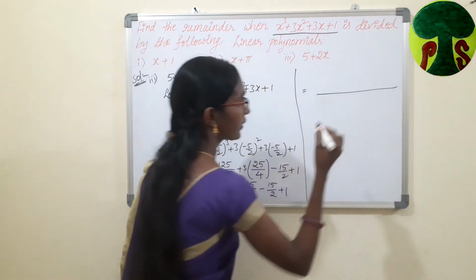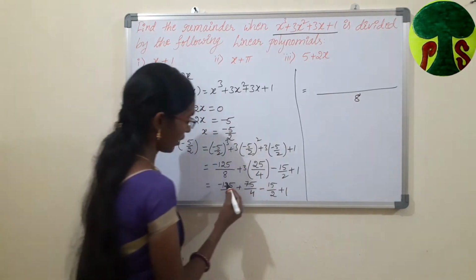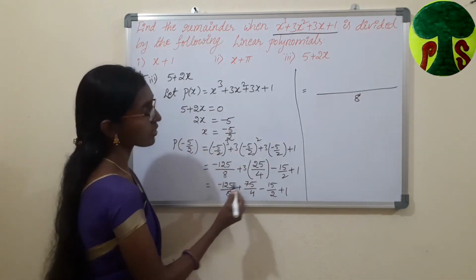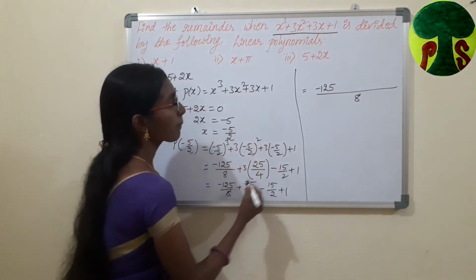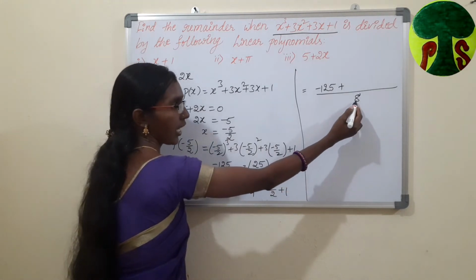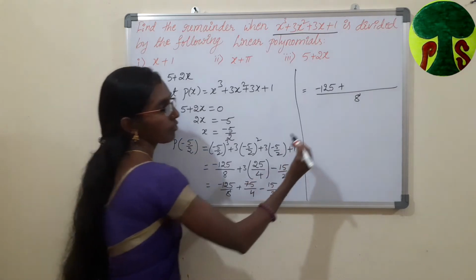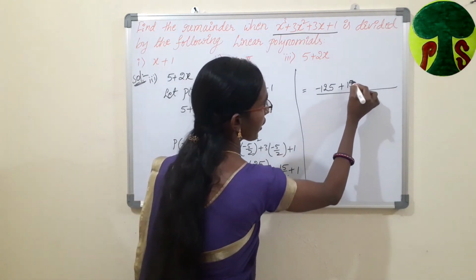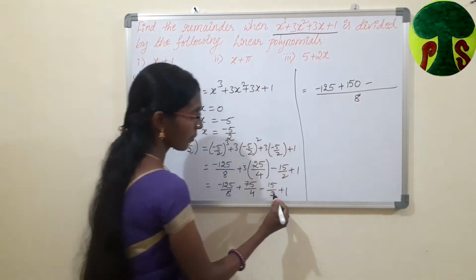we have to take the LCM. LCM is 8. And the numerator of the first fraction is minus 125. Minus 125 plus, here the denominator is 4 but the LCM is 8. That means we have to multiply 75 by 2. 75 twos are 150. 150 minus, here the denominator is 2.